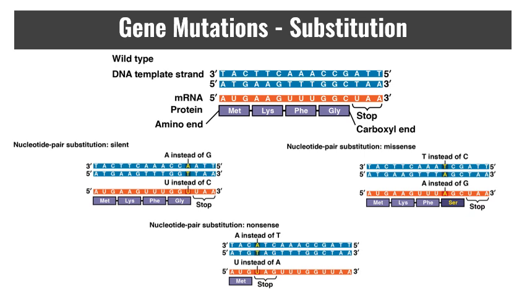Because of the redundancy, because of wobble, some mutations, while leading to a change, will not have an impact on the amino acid, and we call that a silent mutation, as you can see on the middle left. If it changes the amino acid, we call it a missense, and if it changes the amino acid to a stop codon, we call it a nonsense. So overall, that mutation is fairly straightforward.